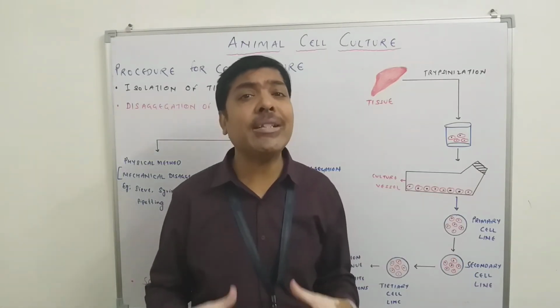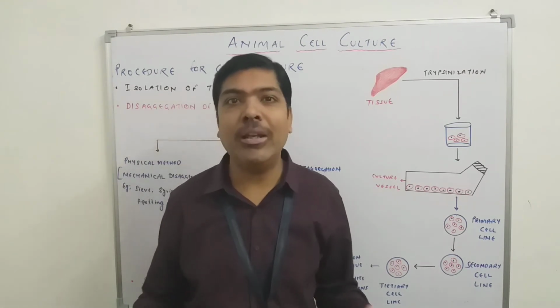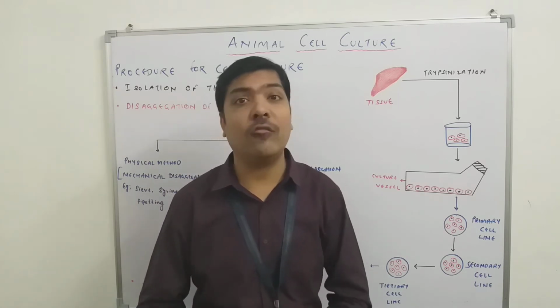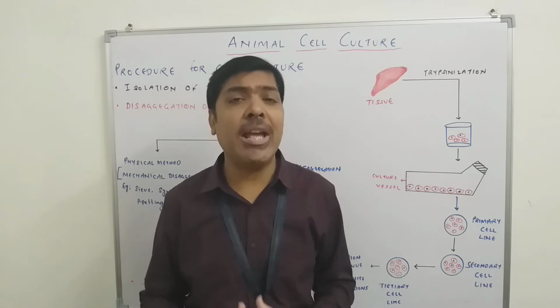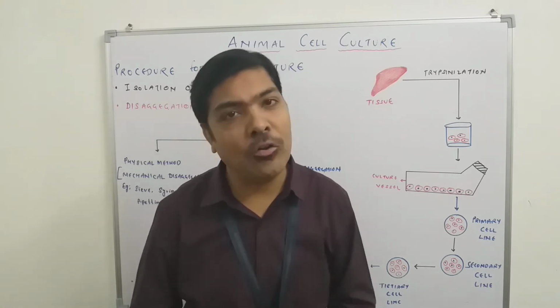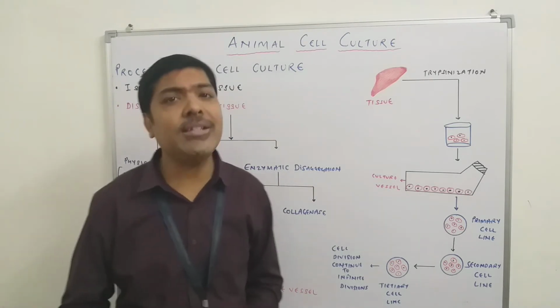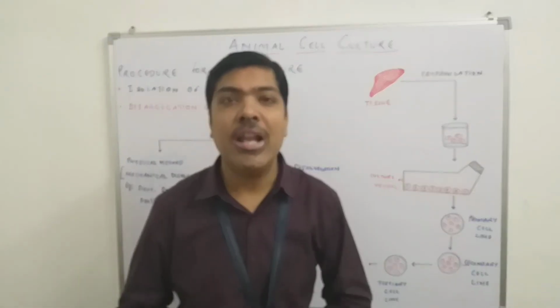Specialized culture vessels for animal cell culture are available in the market, and generally these vessels are made up of glass, plastic, and some metallic animal cell culture vessels are also available. But most commonly the disposable plastic culture vessels are widely used in the laboratory.